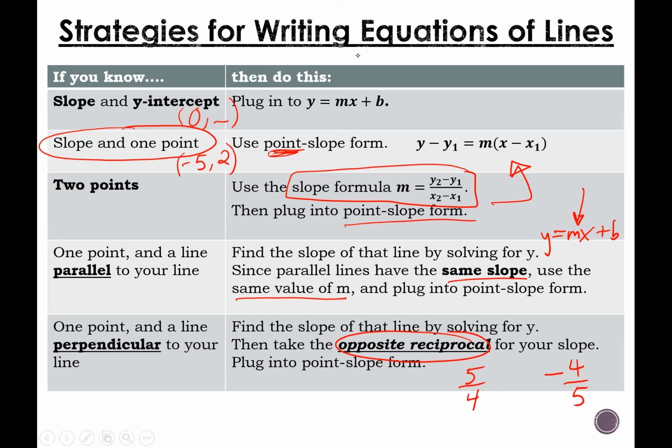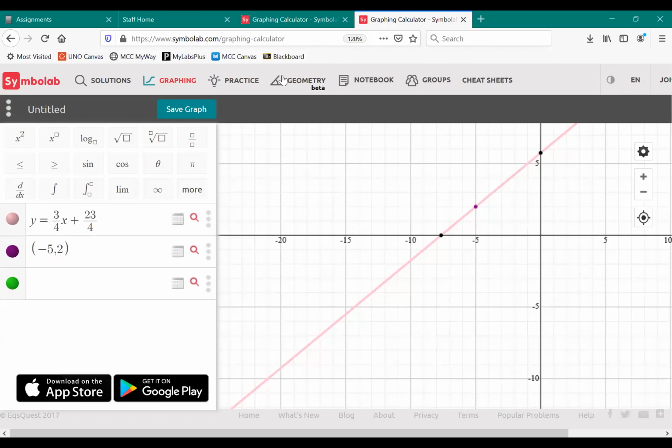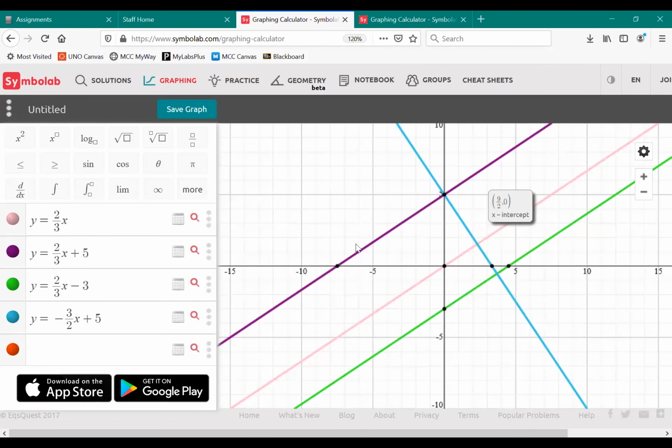I'm going to briefly show us some graphs just to remind you and give you a little bit of a visual with parallel and perpendicular lines. So we're going to look at that graphing calculator one more time here. I typed these in ahead of time. What you're looking at right now, there's 4 lines on the screen, and then you can see the equations on the left side.